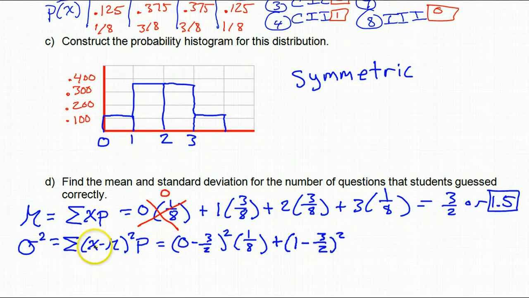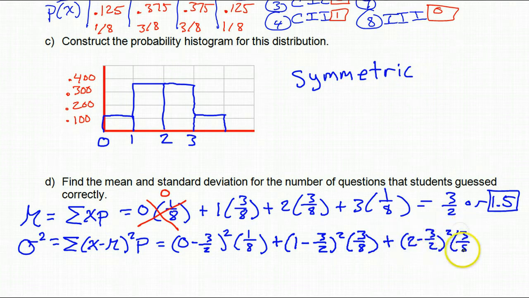It's always the x minus the mean, and the mean is going to stay 3/2, times the probability, which is 3/8. Plus 2 minus 3/2 squared times 3/8.